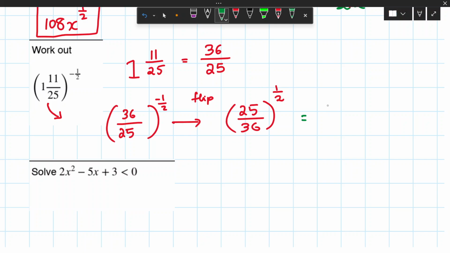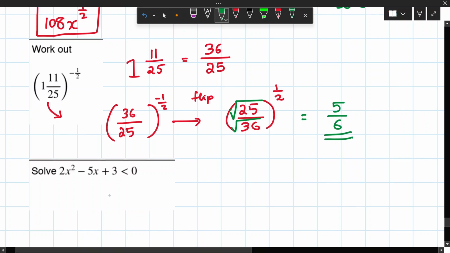If you take the square root, that would be 5 over 6. So your answer would be 5 over 6. So power of a half is basically square root. So whenever you see a negative power, flip it, turn the negative power into a positive power, and then that's it, you're done.